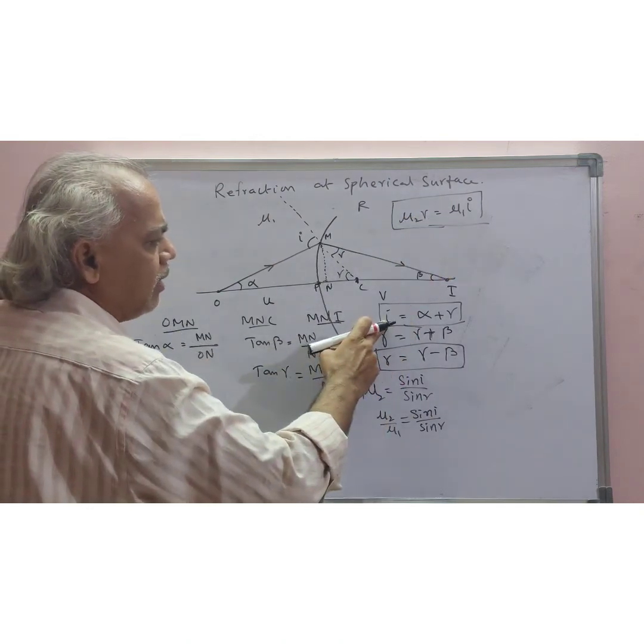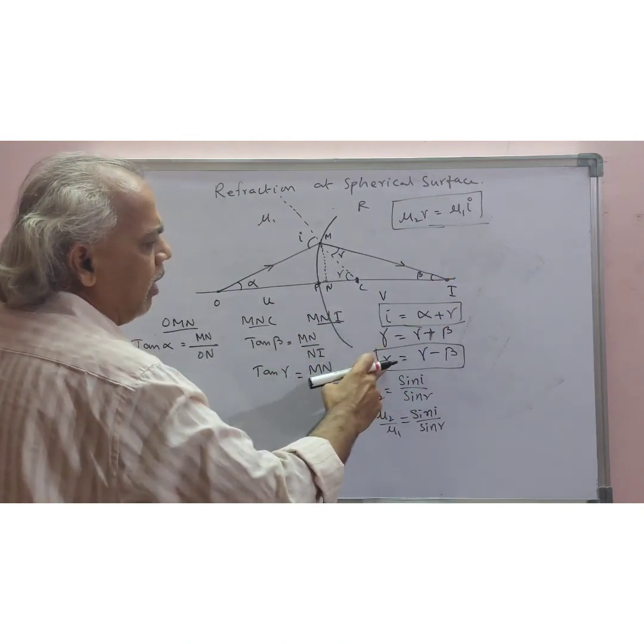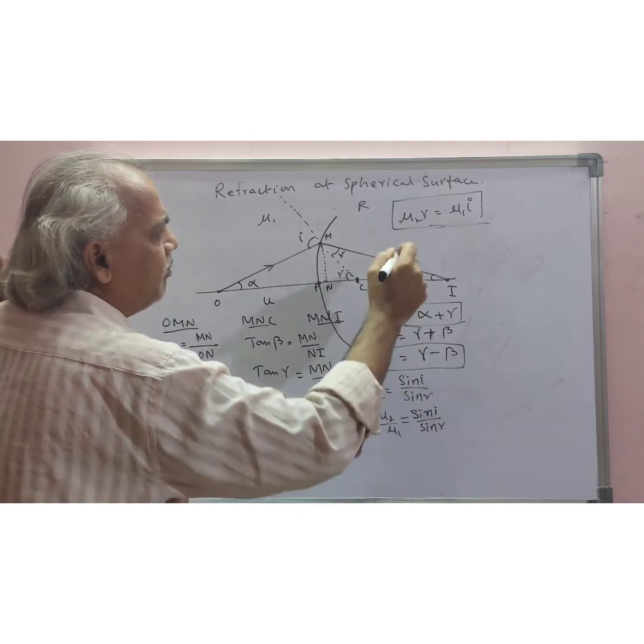Substitute the values of R and I. The I value is alpha plus gamma, and the R value is gamma minus beta.